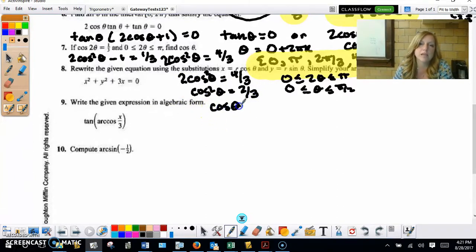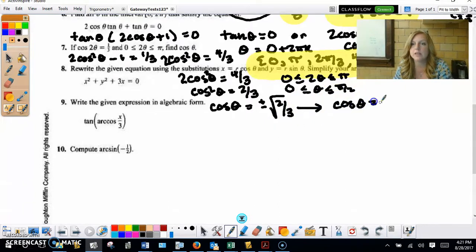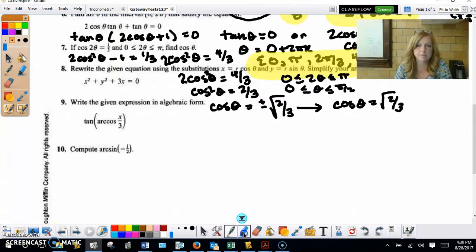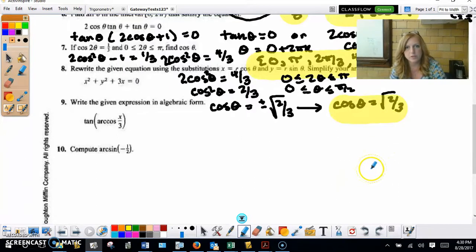So cosine theta equals plus or minus the square root of 2/3. And then because of the same reasoning that I just said over here, we know that cosine of theta is the square root of 2/3. All right, so our final correct answer, square root of 2/3.